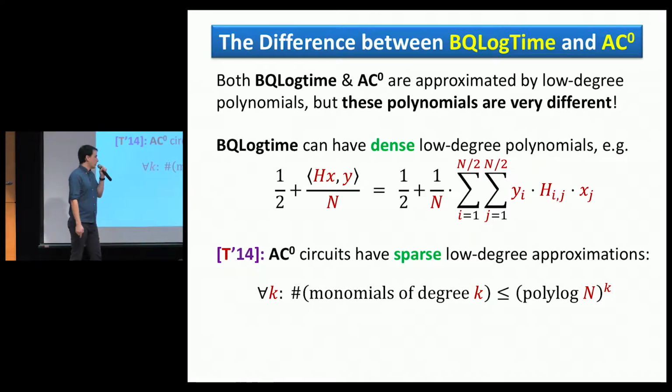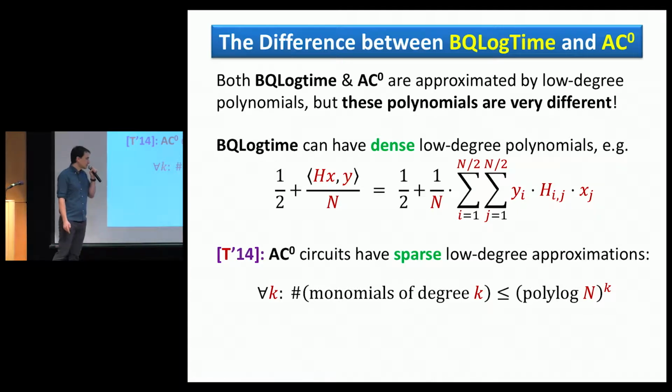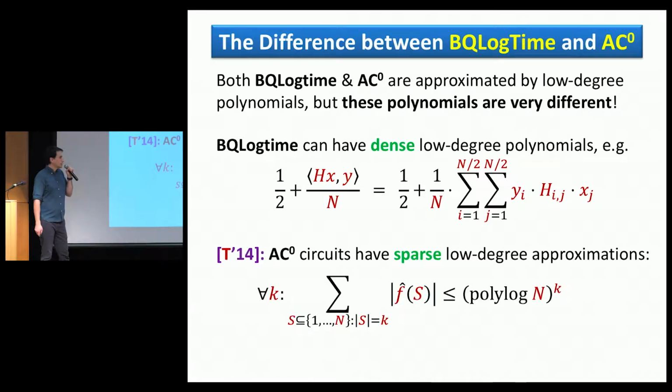To be more precise, what I showed, which implies this, is that the sum of absolute values of Fourier coefficients of sets of size k is at most polylog n to the k. If you are not familiar with that, I will show it in the next slide. This is what I call the non-amplifying property of shallow circuits. And I need to explain why.